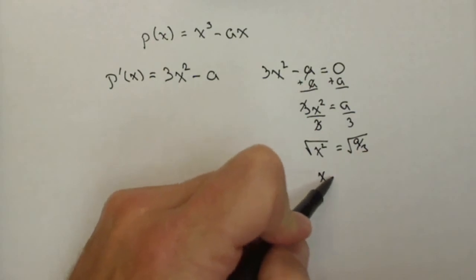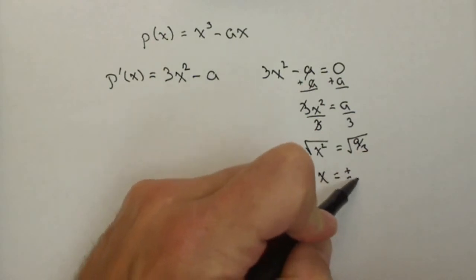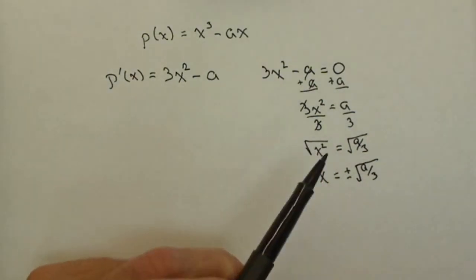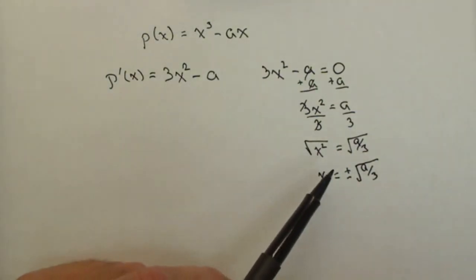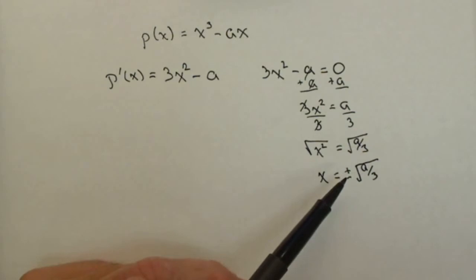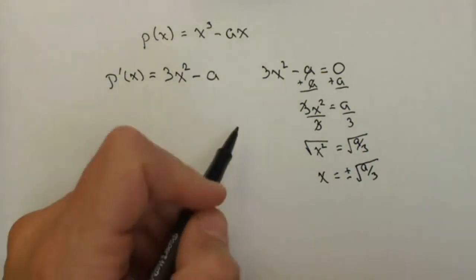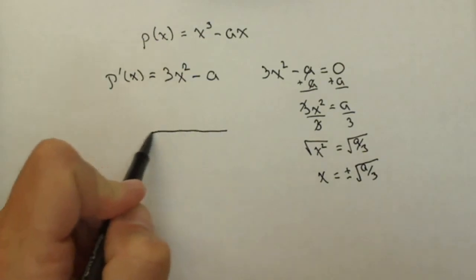Now the last thing we'll take into consideration is the positive and negative square root of a over 3. And so we've got two critical points, one at negative rad a over 3 and one at positive rad a over 3. So let's construct a sign chart.